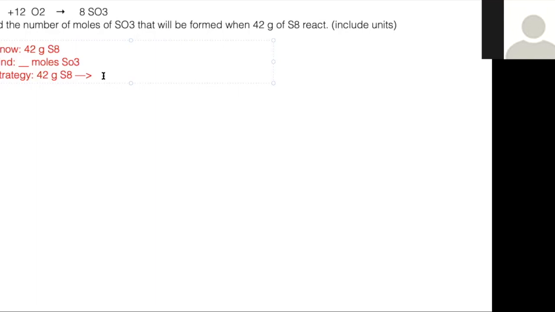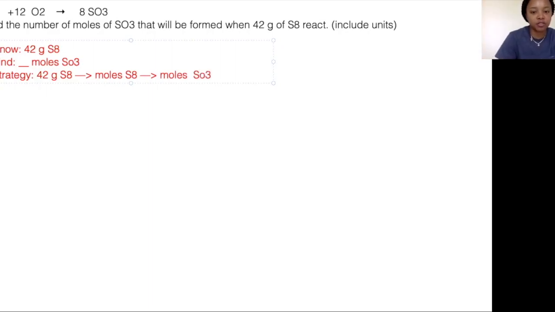So then you have to go from mass of S8 to moles, using molar mass. Moles S8, and then what are we going to do after we get moles of S8? You're going to use the mole ratio to get moles of SO3.